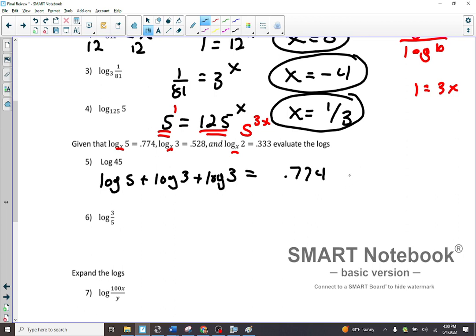I know what log 3 is, it's 0.528. I know what log 2 is, that's 0.333. Well, I don't need log 2 in this one. But in this case, I'm going to do 0.774 plus 0.528 plus another 0.528.